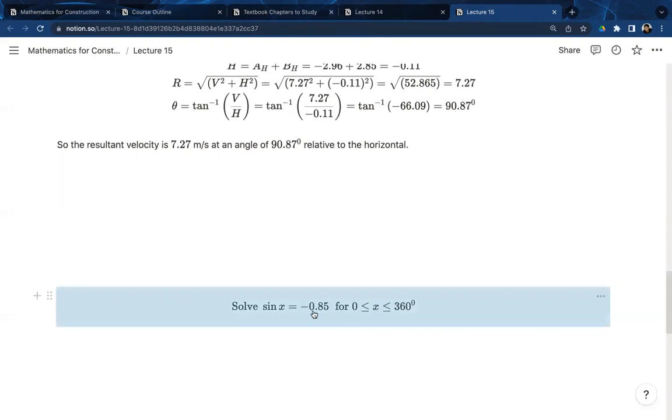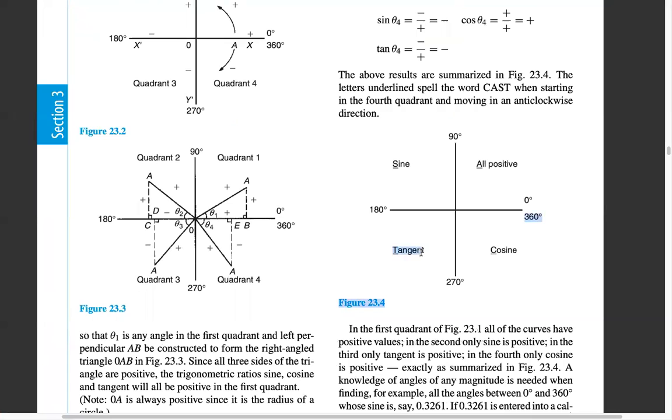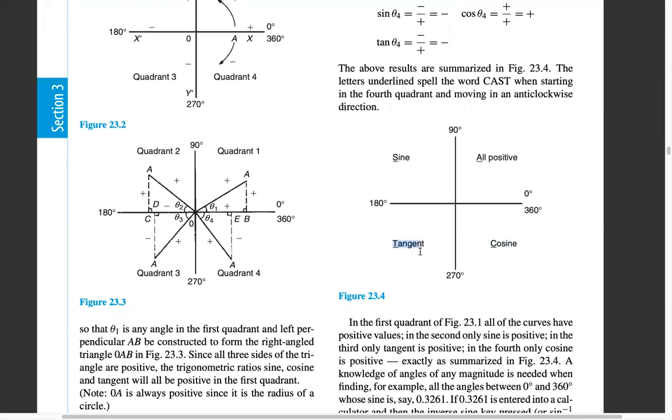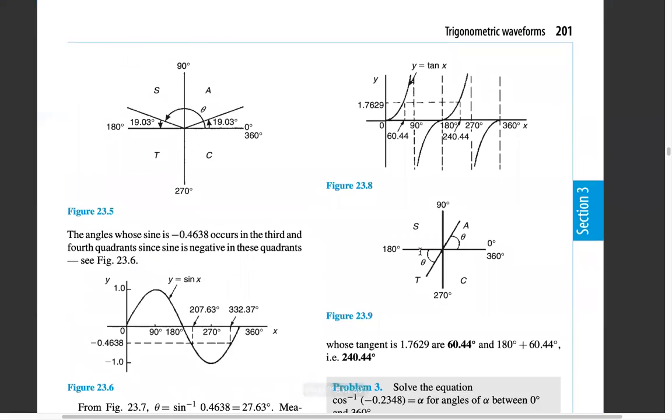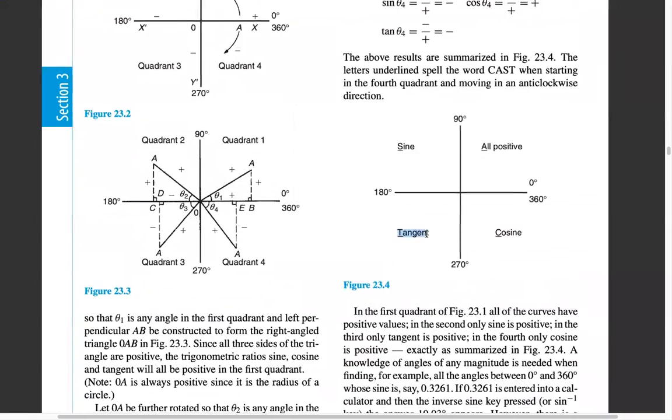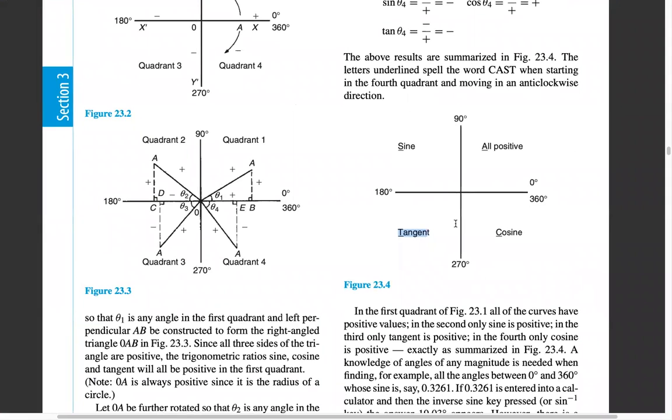The fact that it's negative means that x had to be somewhere down here in the third quadrant or the fourth quadrant. So it had to be an angle more than 180 degrees, but less than 360 degrees. So what you have to do, for each quadrant, is find what the principal value is. For the third quadrant, the principal value angle is always the angle between the hypotenuse and the horizontal.